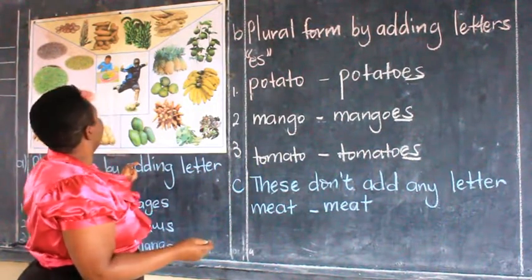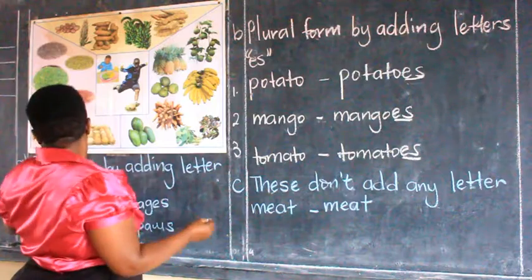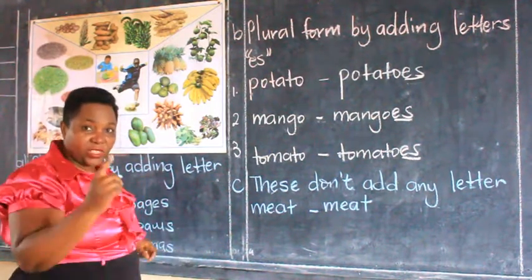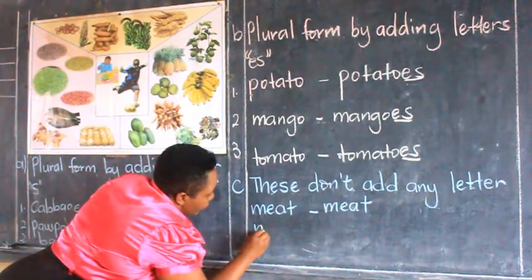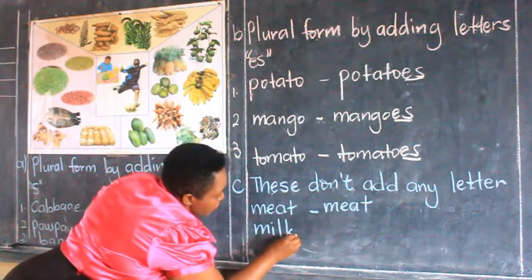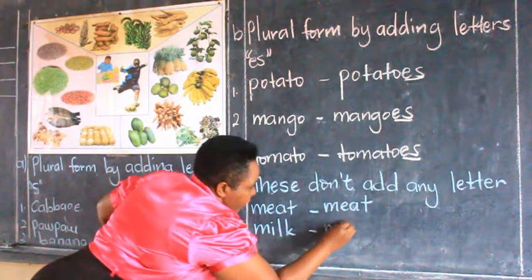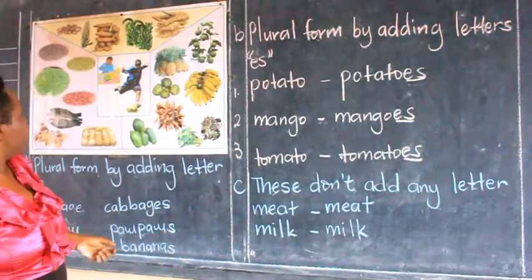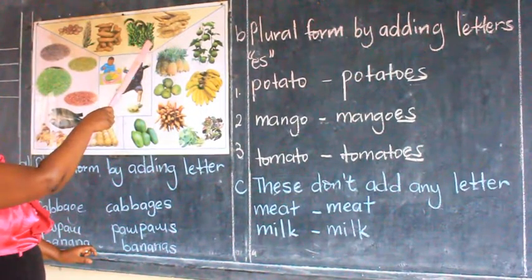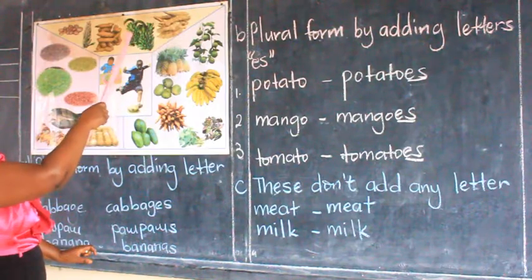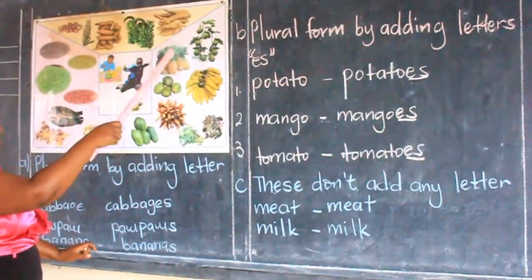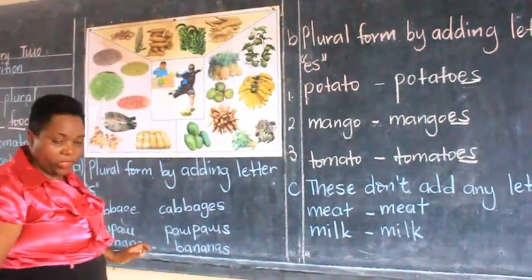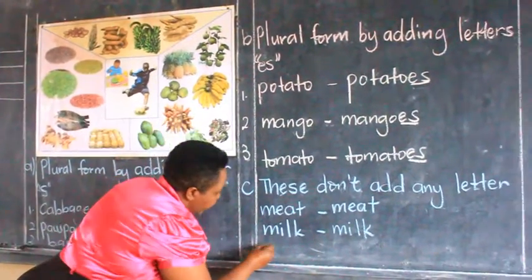We also have milk, which is in the vocabulary. Milk remains the way it is. We cannot count milk itself. We have matoke here. We cannot count matoke, but we can count the bunches. But since our vocabulary is matoke, matoke will remain as matoke.